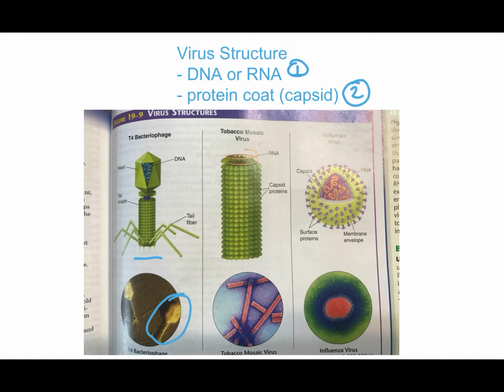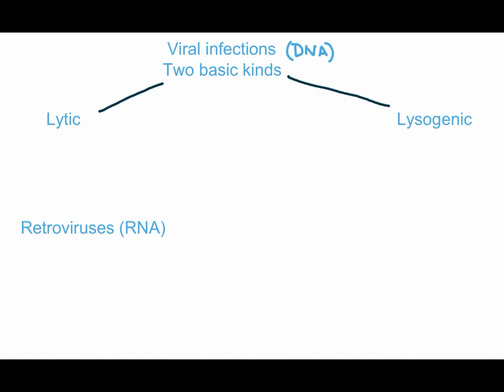Again, this protein coat looks very different. And then this should look familiar because it does look like our coronavirus that's going around right now. But this is a typical influenza virus. So you can see, just because it has only a couple of things, it can attack a lot of different types of cells, and it can look very different.